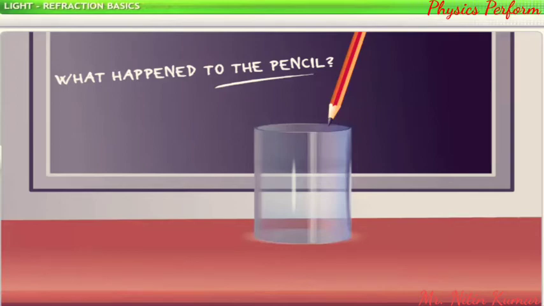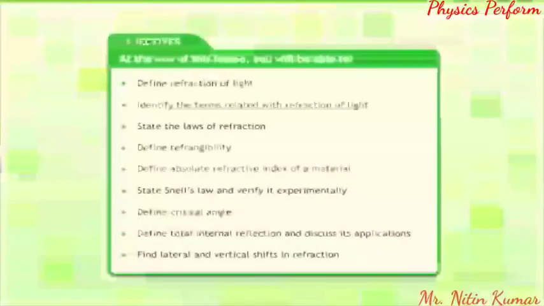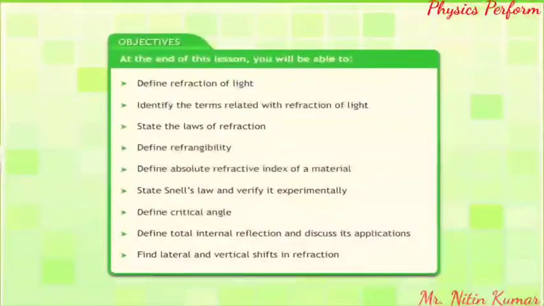In this lesson, you will learn about refraction and concepts associated with it. At the end of this lesson, you will be able to define refraction of light, identify the terms related with refraction of light, state the laws of refraction, define refrangibility, define absolute refractive index of a material, state Snell's law and verify it experimentally.